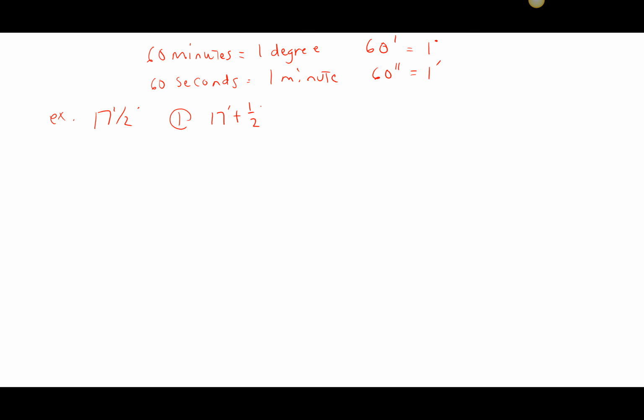Step 2, use a unity fraction to convert 1/2 to minutes: 17 plus 1/2 times 60 over 1 degree. When you do the math, you get 17 degrees and 30 minutes. That's just a quick example.